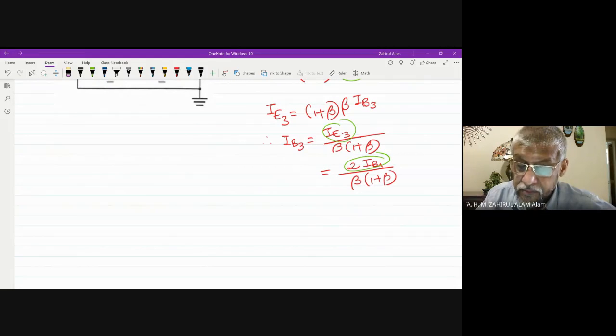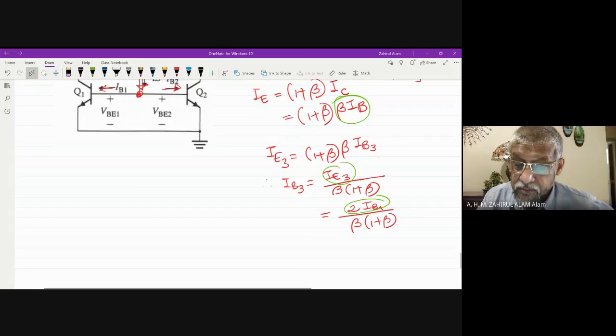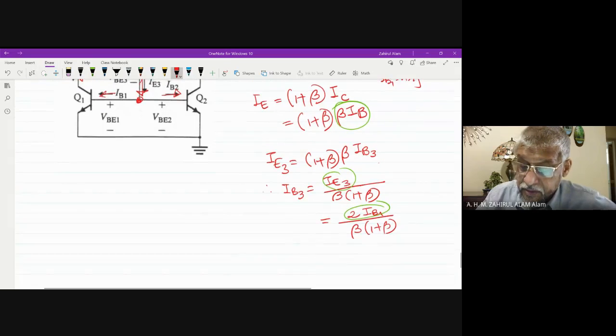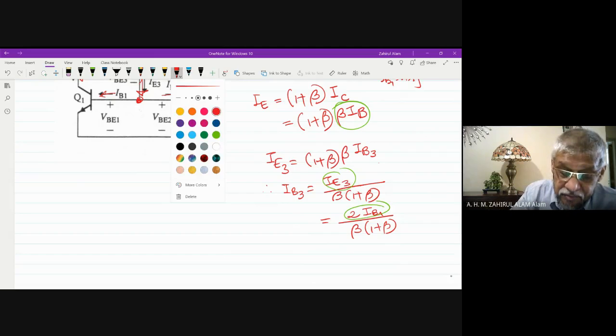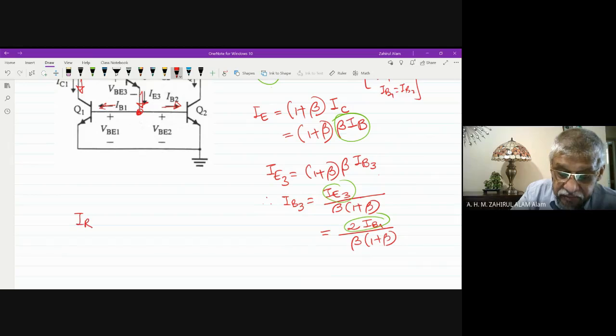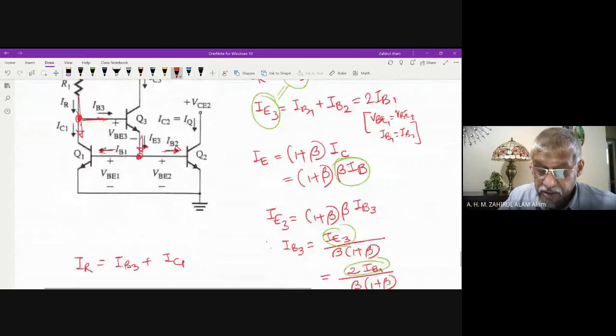Now we substitute into IR is equal to IB3 plus IC1.